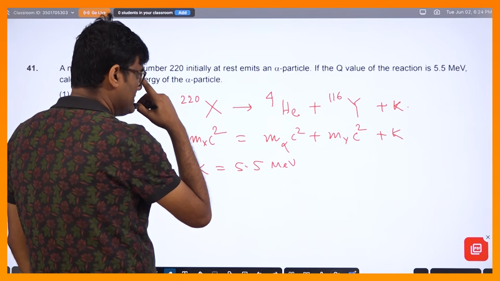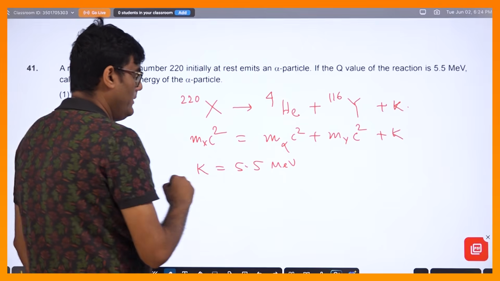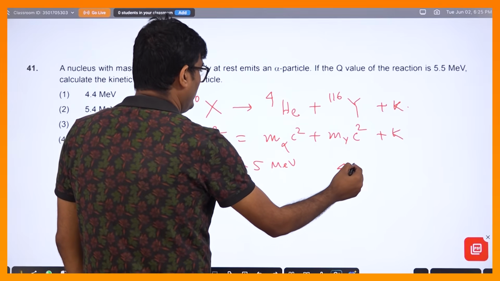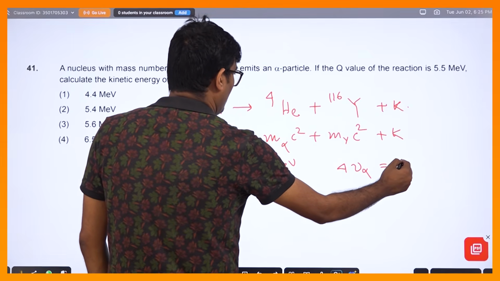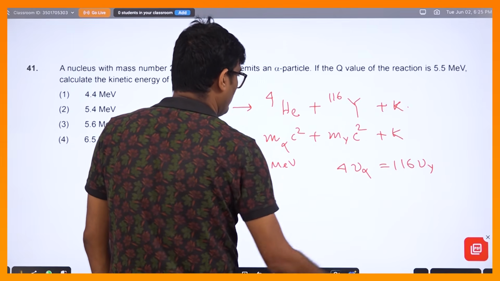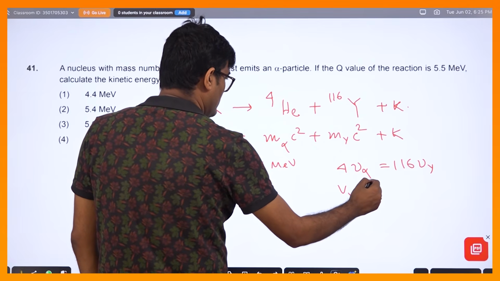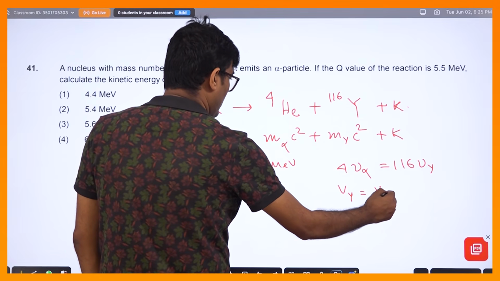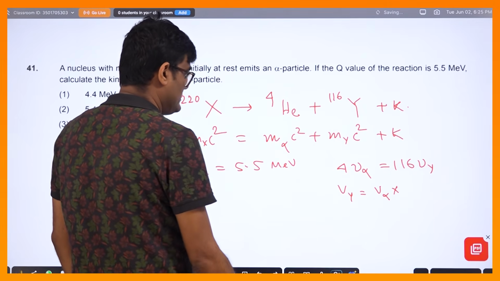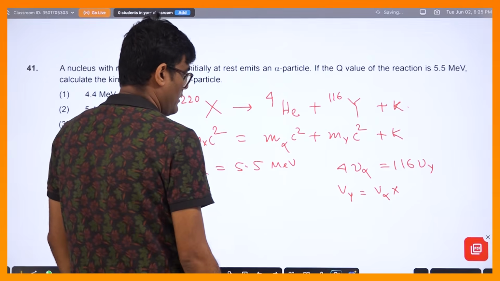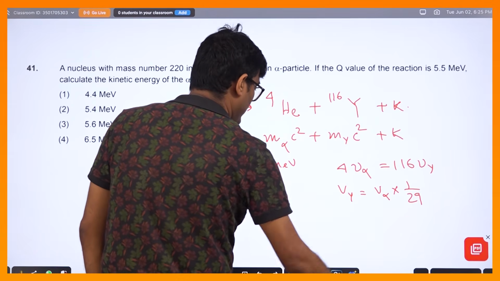But in order to conserve linear momentum, 4 into velocity of alpha particle is equal to 116 into velocity of Y. So velocity of Y is equal to velocity of alpha particle into 4 by 116, so 1 by 29, I think.